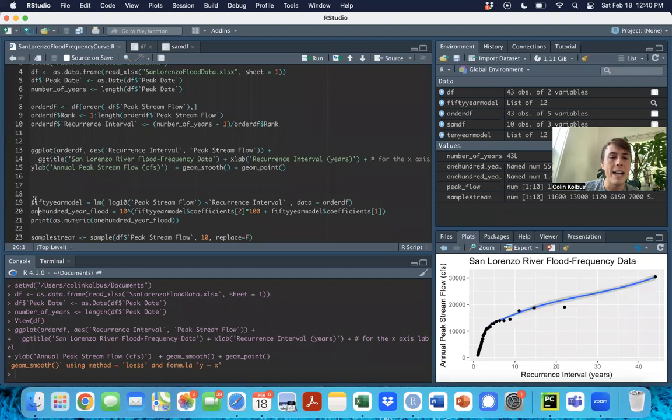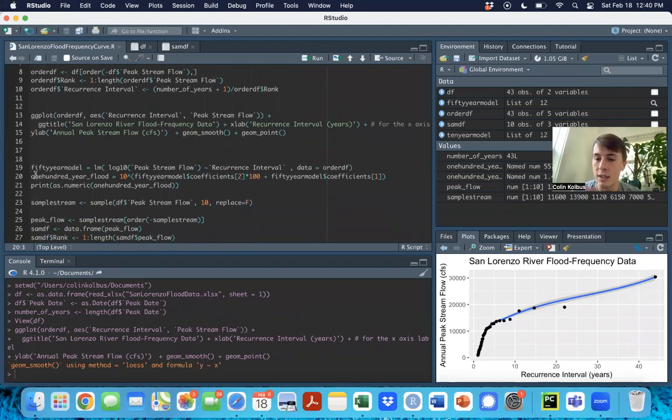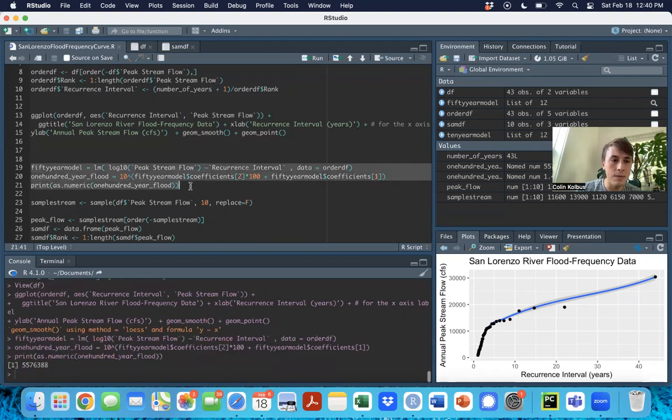And so I can actually take these 43 data points and make a linear model. This is a logarithmic plot, as I said, and so if I take the log of y and relate it to x, I can make a linear model and then calculate the volume I'd expect of a 100-year flood based on this data. That's where this 100 comes from, and so I'm going to do that now.